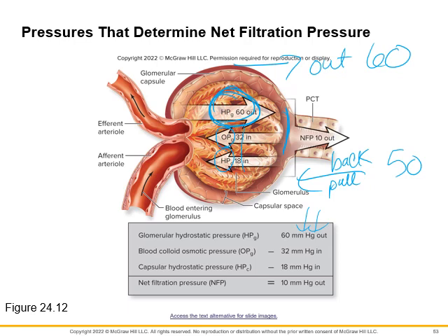So you have 60 pushing out and you have 50 pulling back. That gives us a net of plus 10. So what's the overall pressure? The hydrostatic pressure has to be greater pushing out from the glomerulus in order for filtrate to come out of the glomerulus and dump into the proximal convoluted tubule here.